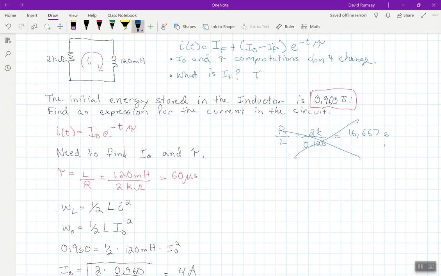So I final is simply 0. And so with this equation, i(t) is equal to 0 plus the initial current, which is 4 minus 0, times e to the minus t over 60 microseconds. And then, getting rid of the zeros, we wind up with the exact same equation that we got when we did the example in the previous video.